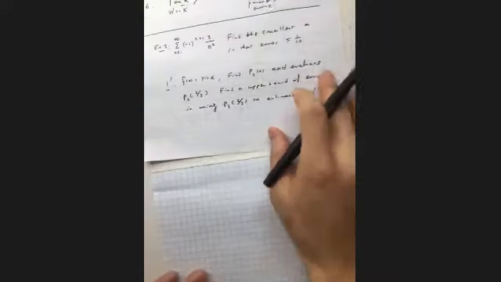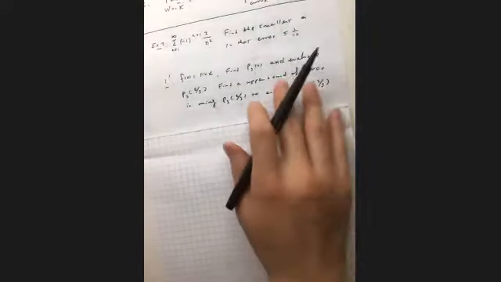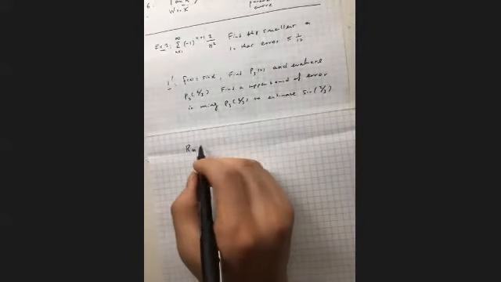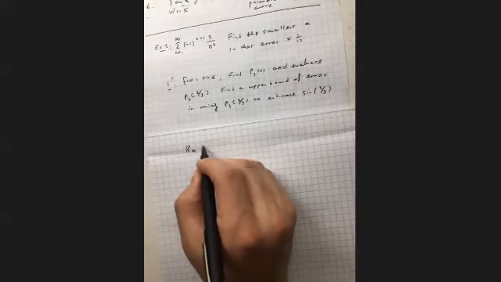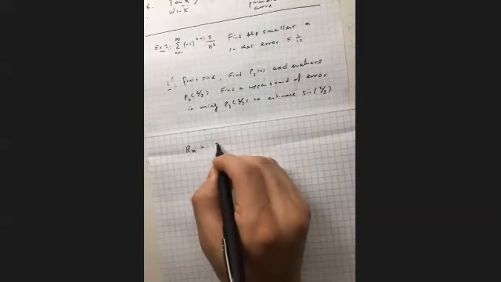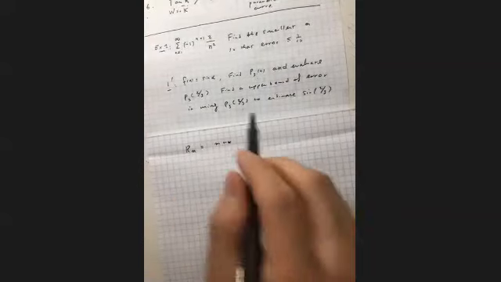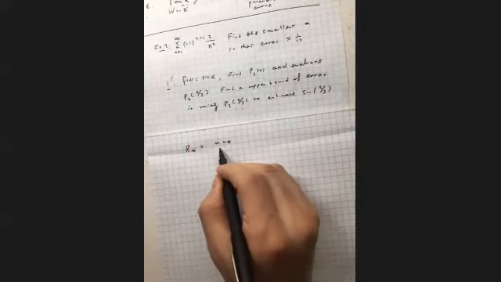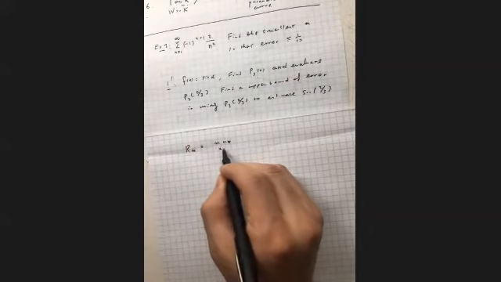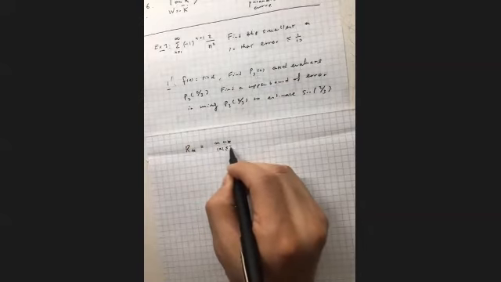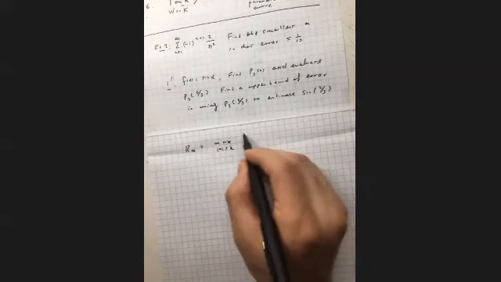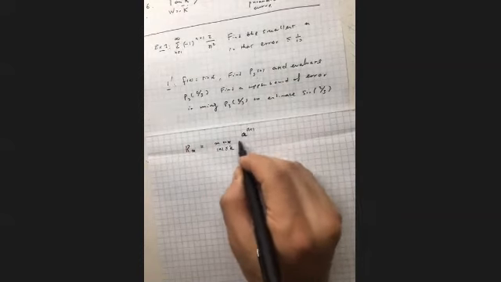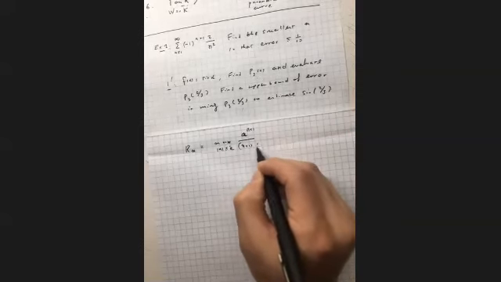Let me remind you what the Lagrange remainder formula is: Rn is going to be equal to the max. Since we are evaluating at 2/3, this will be our a. And we have (x - a)^(n+1) over (n+1) factorial.